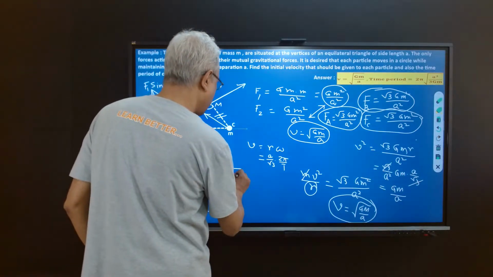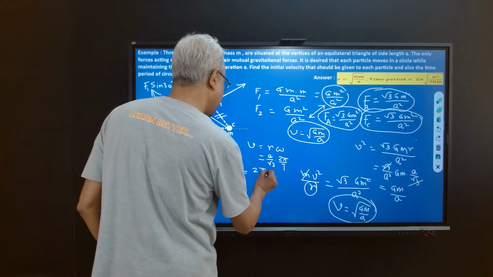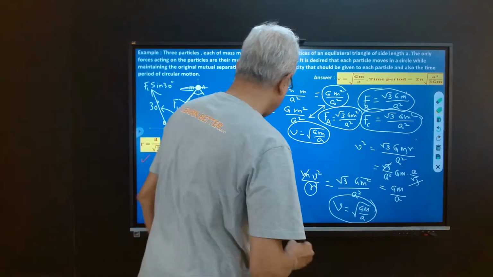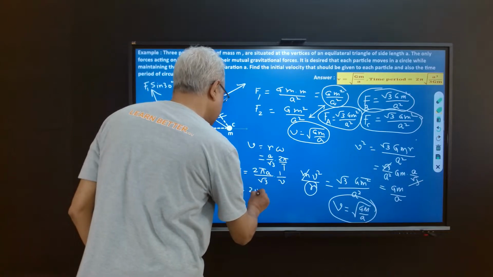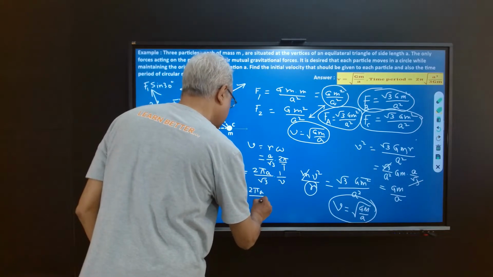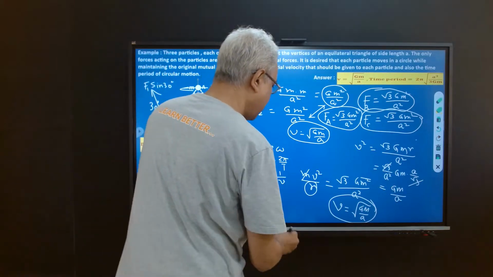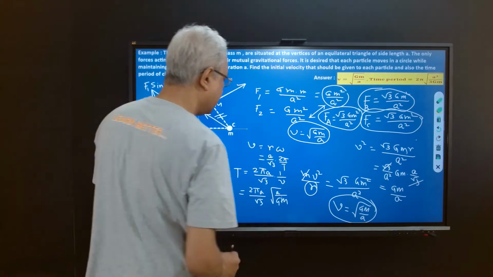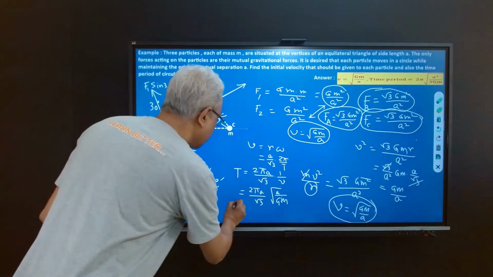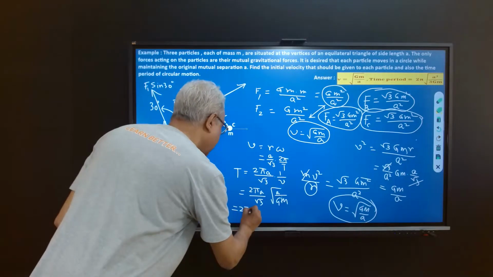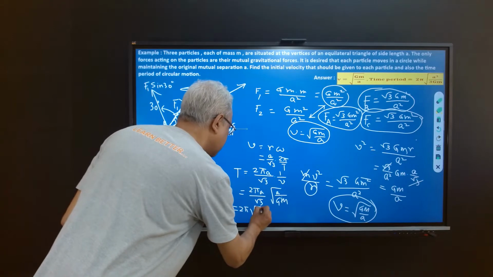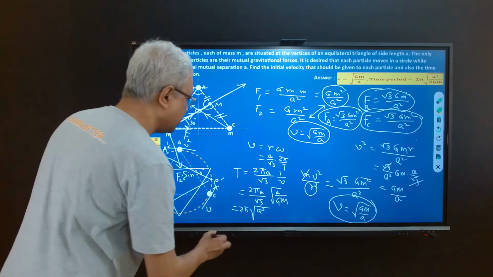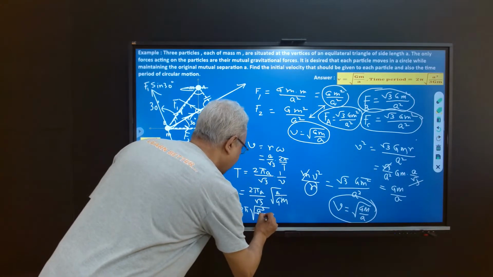So T is 2 pi a by root 3 into 1 by v, and v is root of Gm by a. Within the square root there will be a cube, because a goes as a square inside the root, and there is root 3 multiplied by root Gm, so in the denominator will be 3Gm.